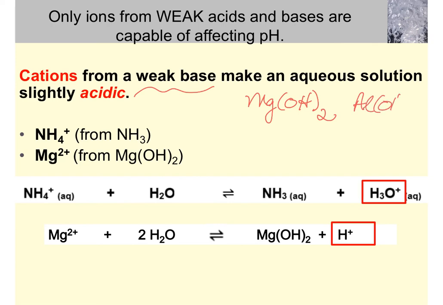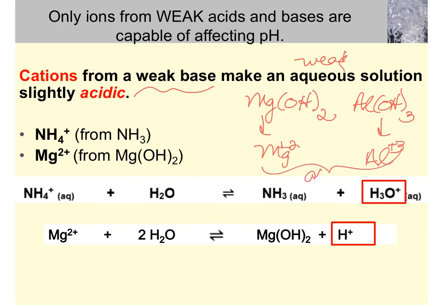So these are hydroxides where the metal is not from group 1 or 2. These would be weak bases, and the cations from them could and would turn the pH of an aqueous solution acidic.